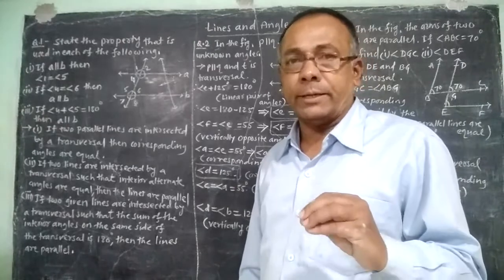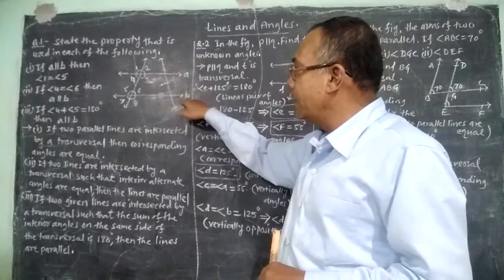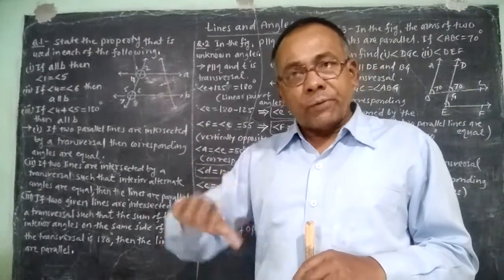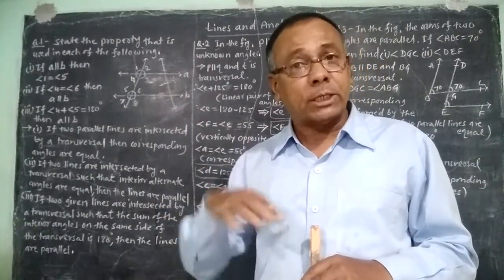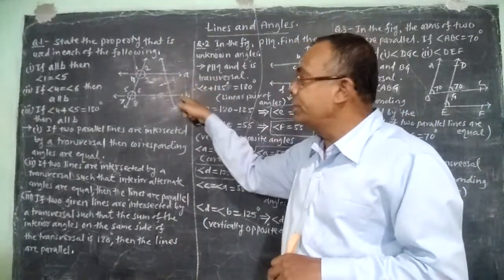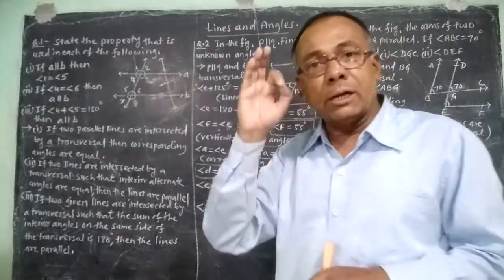And we know that if the two lines are parallel, then corresponding angles are equal. Vice versa, if the corresponding angles are equal, then line A and line B are always parallel.